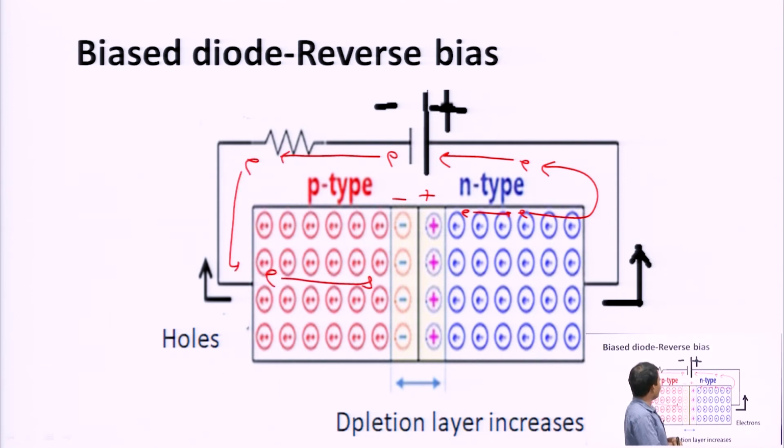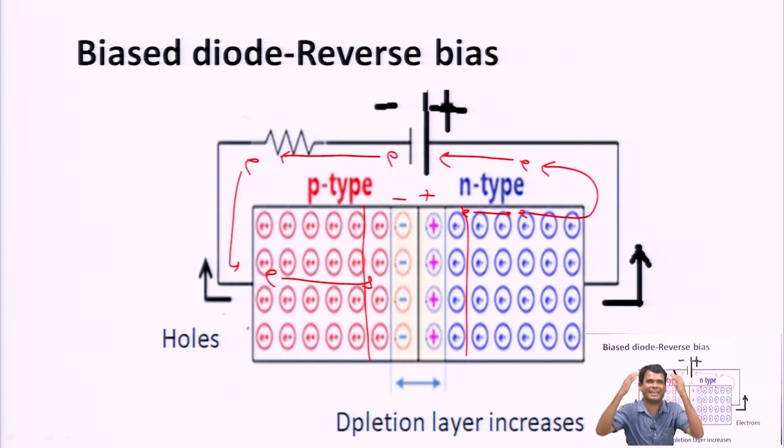Suppose 4 electrons are collected by the positive plate. Now this region becomes depleted because these donor ions become uncovered, and in the same way here the positive plate collects the 4 electrons, then the negative plate will donate the 4 electrons, and these 4 acceptor ions will become uncovered. This means the depletion layer increases.